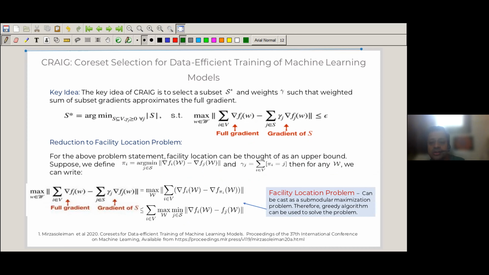Now, I will not get into the details of submodular maximization, but I just want to make an important note here. Submodular maximization under some set constraints, which we'll call cardinality constraints, has very good greedy algorithms.